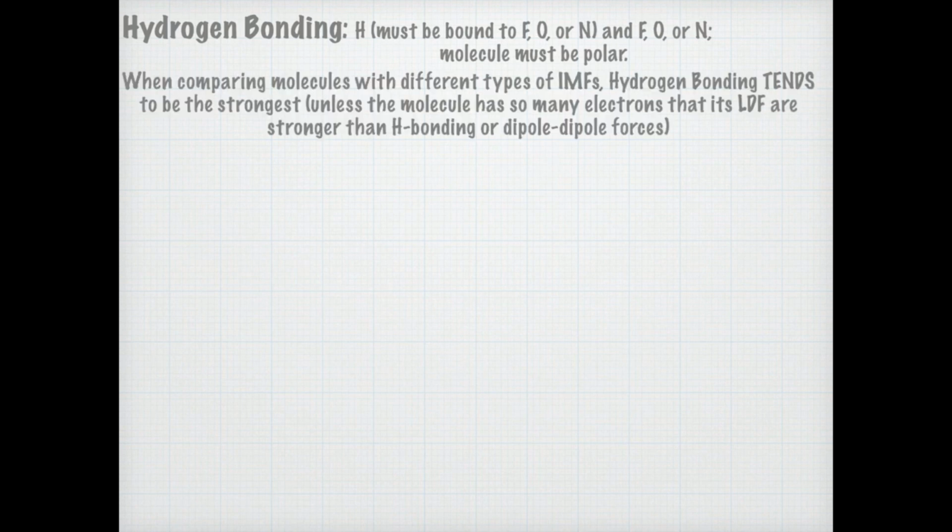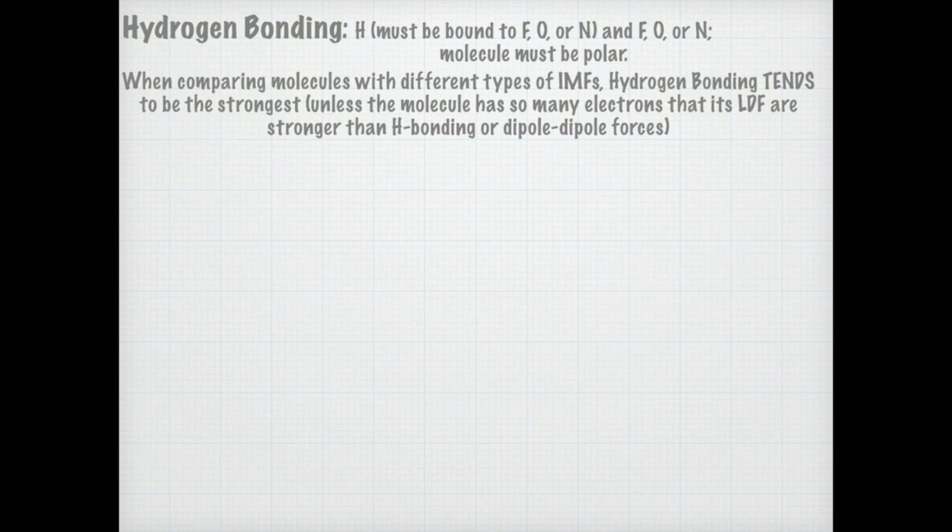Now, in general, when we're comparing the strengths of intermolecular forces, hydrogen bonding tends to be the strongest. Now, that is the case unless you have a huge molecule that has so many electrons that its London dispersion forces are stronger than hydrogen bonding or dipole-dipole forces of another molecule.